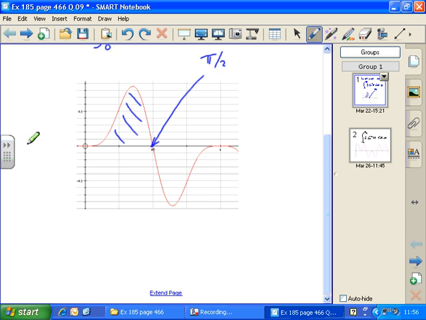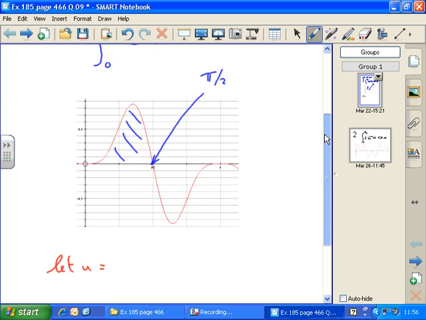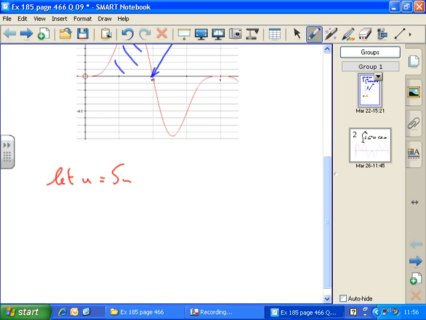So let u equal sine theta. Therefore du by d theta equals cos theta, and d theta equals du over cos theta.